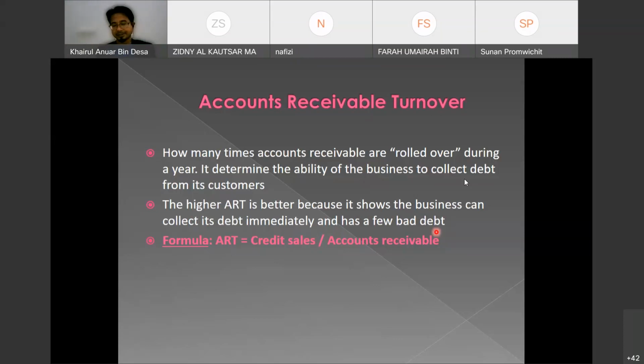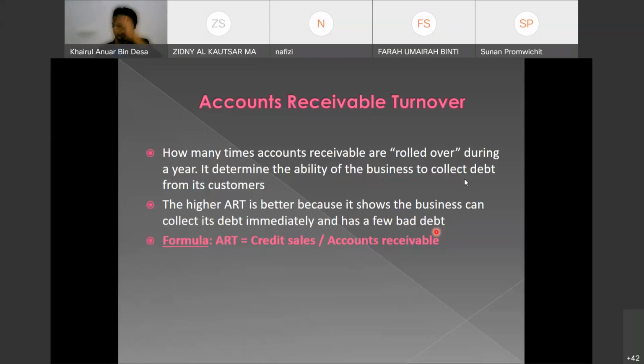When the sales department so good, bermaksud account receivable kita akan meningkat. Nampak di situ? Tetapi, how about collection department?